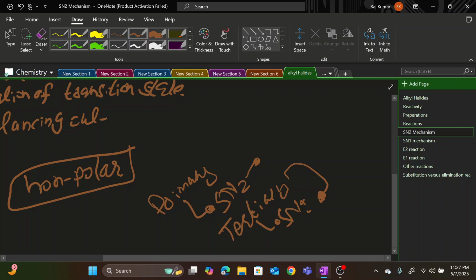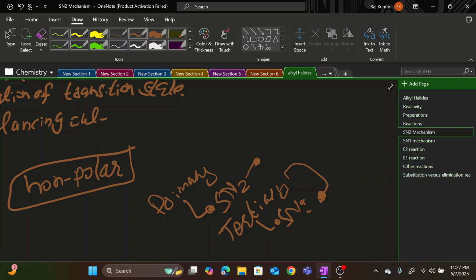So the tertiary alkyl halide, because of having steric hindrance, needs to make a carbocation first and then the nucleophile attacks, due to which the two-step SN1 mechanism makes tertiary alkyl halide a more suitable choice than primary alkyl halide.